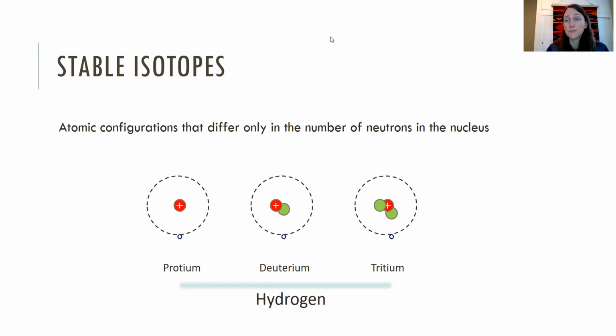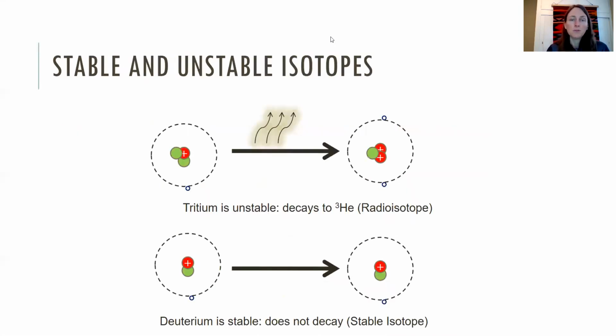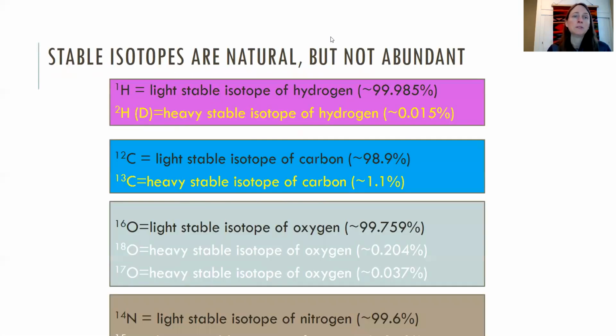And if you're hydrogen 3, then you have 2 neutrons and a proton, and you're called tritium. So tritium is a radioisotope. It means it's unstable and it decays into helium-3. But deuterium is stable. It does not decay. And so it's called a stable isotope.